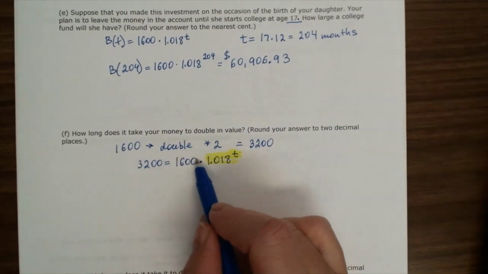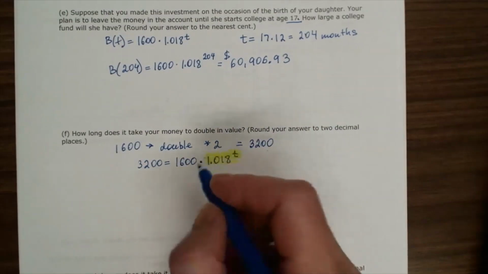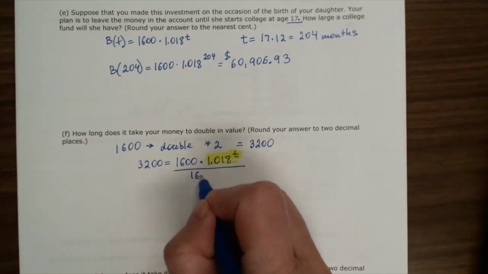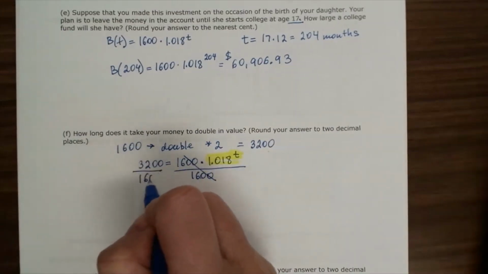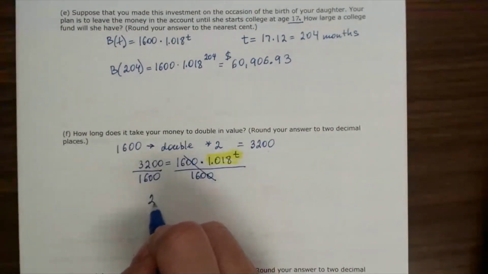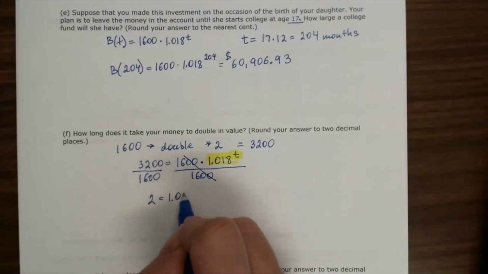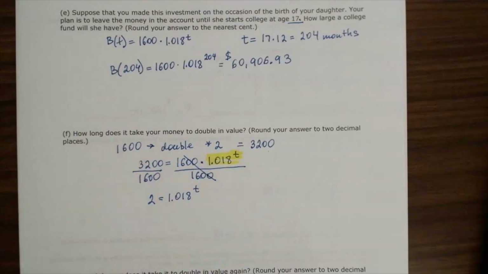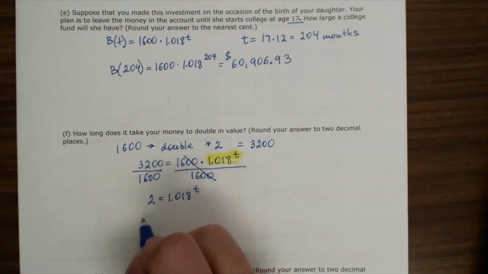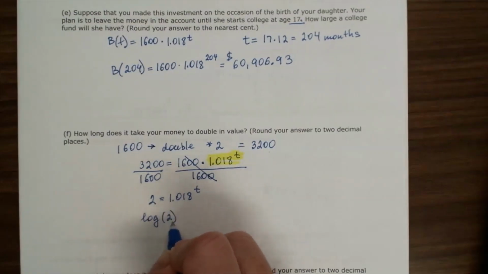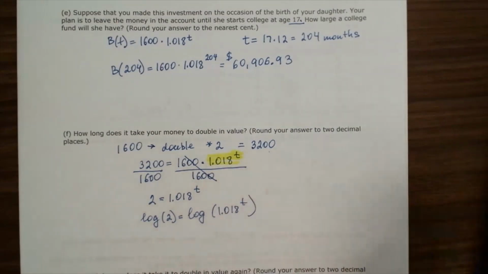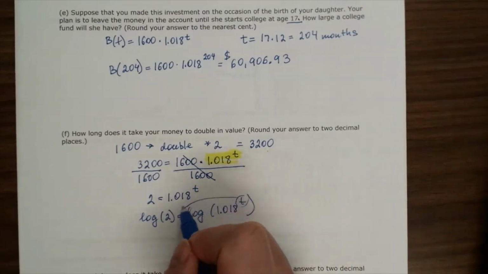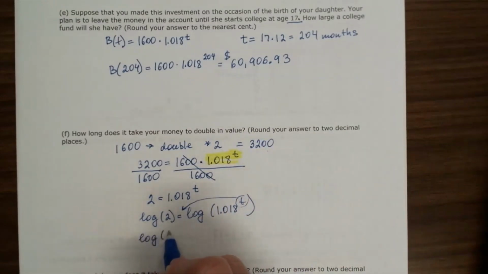We have to get rid of the 1600, and we see this multiplication. The opposite of multiplication is division, so we divide by 1600, and we have the equation 2 equals 1.018 to the t power. Now we apply a logarithm to both sides. The next step, move the exponent in front of the logarithm.